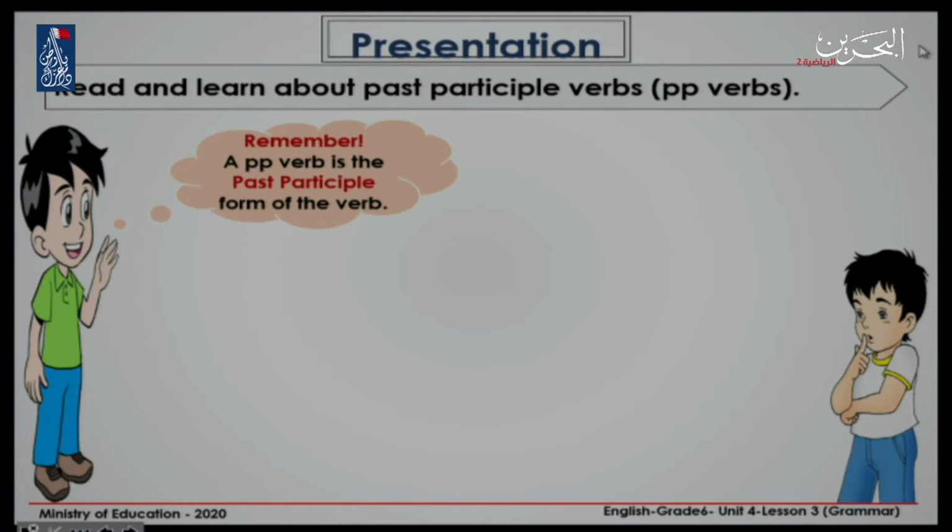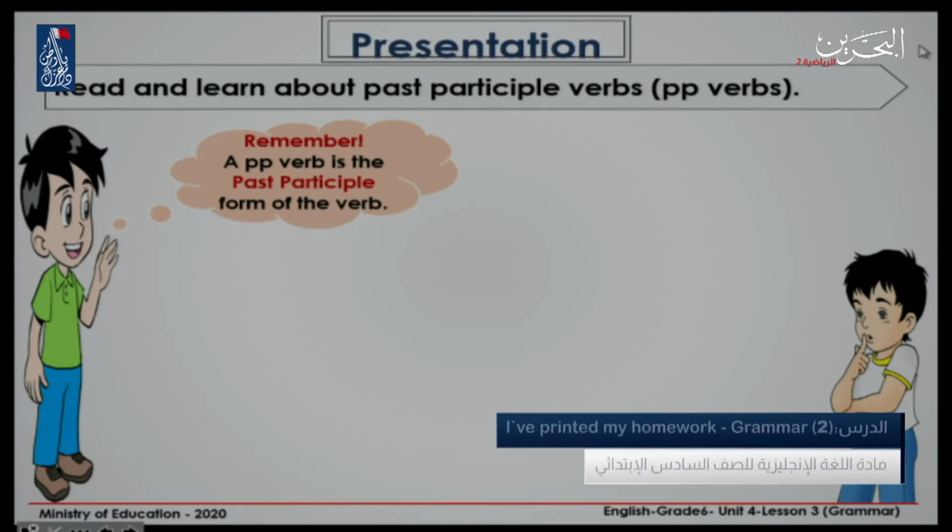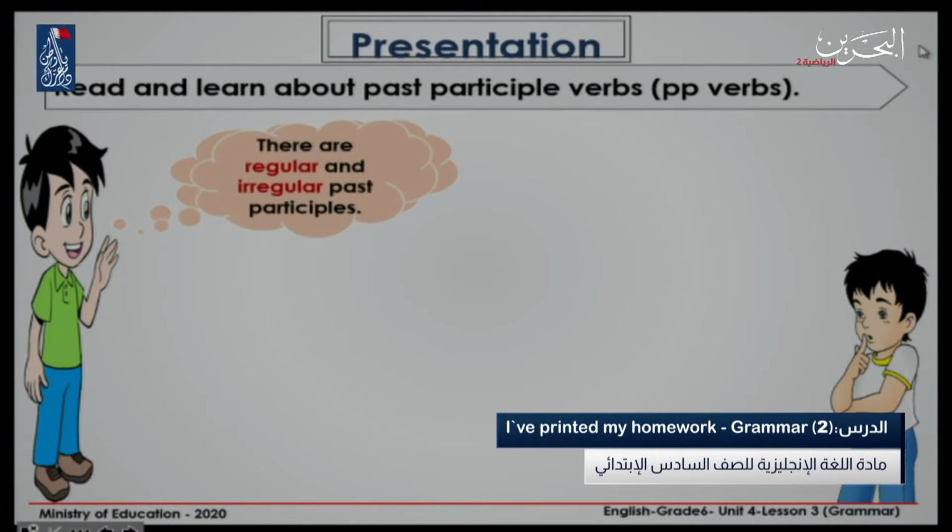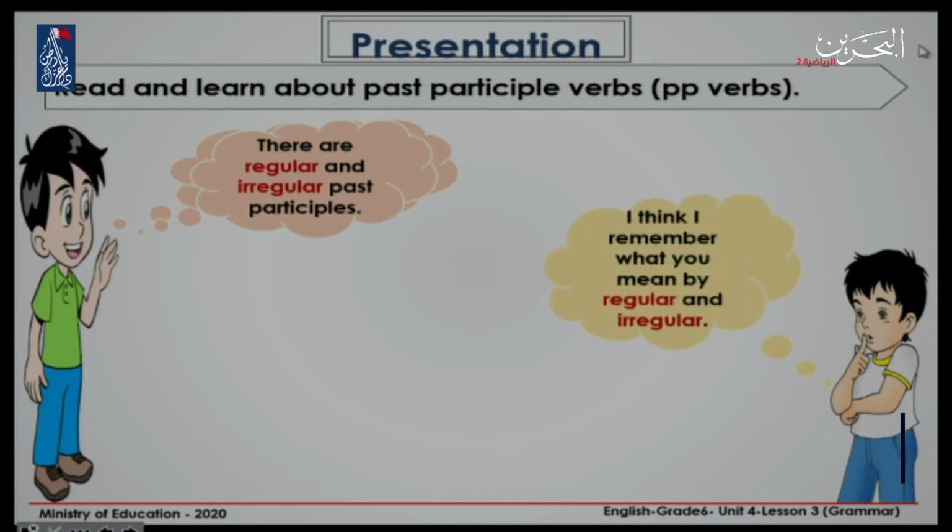Now let's read and learn about past participle verbs, PP verbs. Remember, a PP verb is the past participle form of the verb. There are regular and irregular past participles. I think I remember what you mean by regular and irregular.